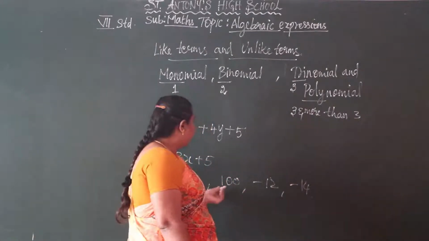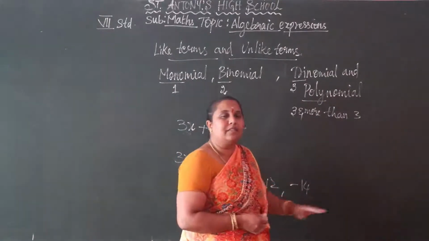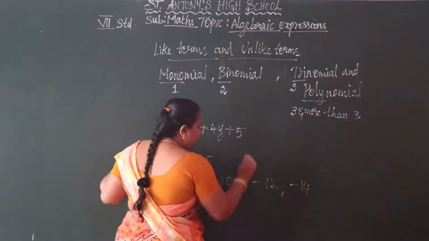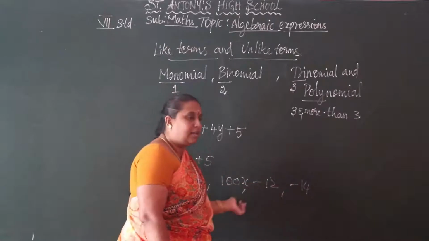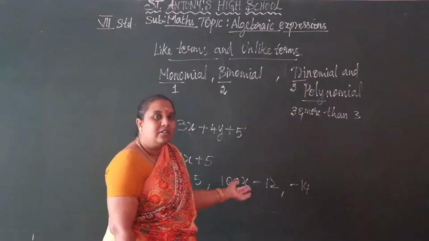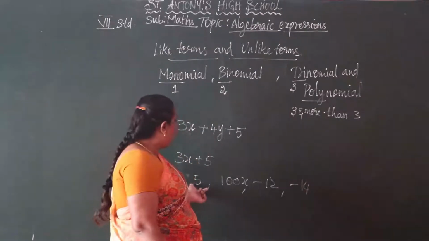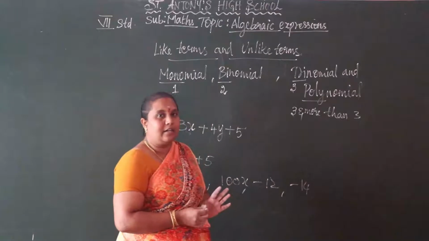So 5, 10, 100, minus 12, minus 14 are like terms. There is no variable. If there is a 100x, this is not a like term to all these. Here, write the like terms in the given expression: you have to write 5, minus 12, minus 14 as like terms.